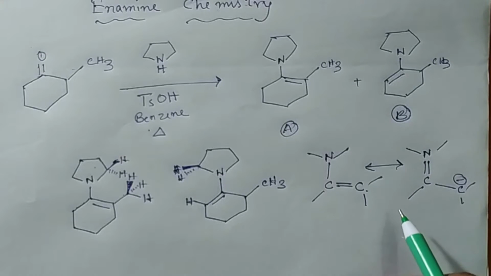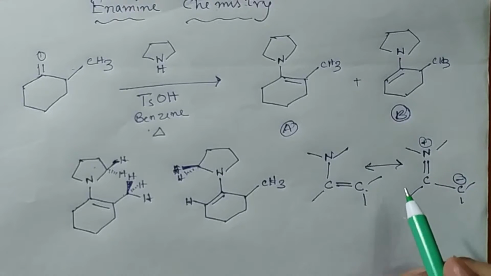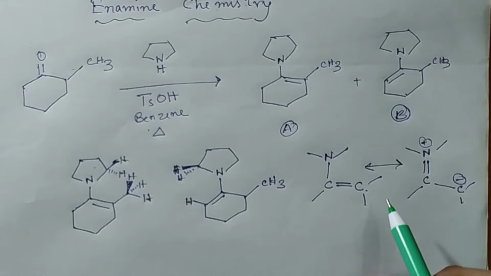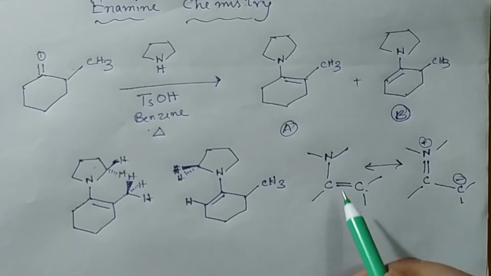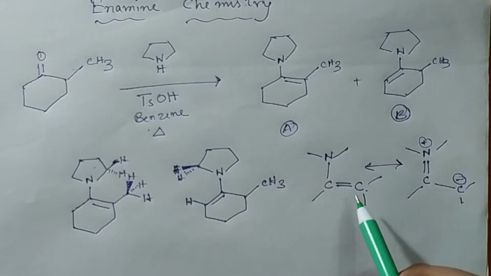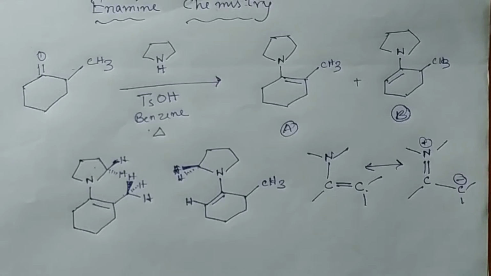This is the resonating structure of the enamine. The actual structure of the enamine will be a hybrid of these two resonating structures. To carry out this type of conjugation, the N and the two carbons of the carbonyl have to be kept in the same plane. Otherwise the lone pair cannot be conjugated with the C=C double bond.